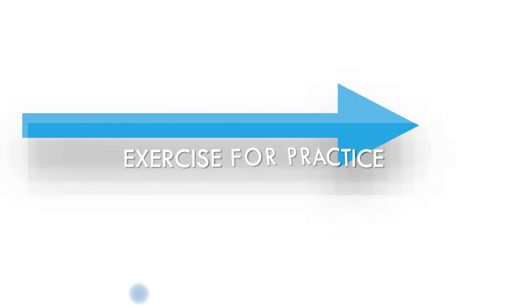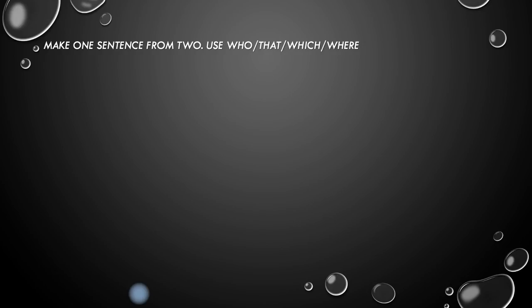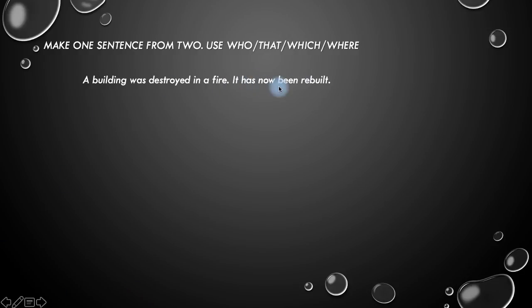Now let's have some exercises for practice. We have two sentences here, and we need to use relative pronouns or adverbs of place and time to make one sentence out of two. Let's make a relative clause together. A building was destroyed in a fire. It has now been rebuilt. So what do you think? What will the sentence look like, and which relative pronoun do we need in this case?